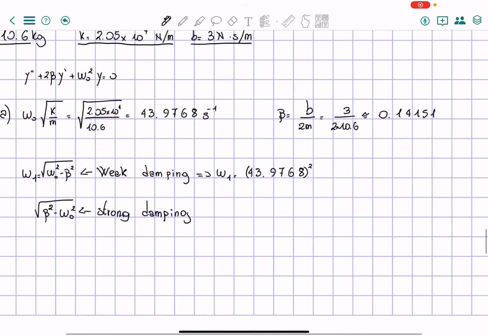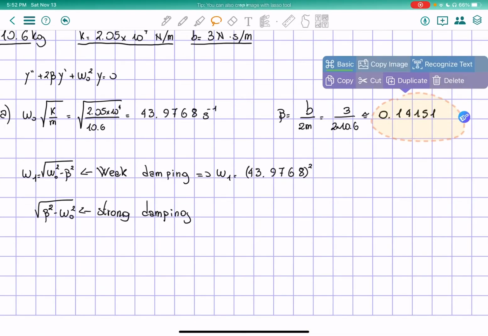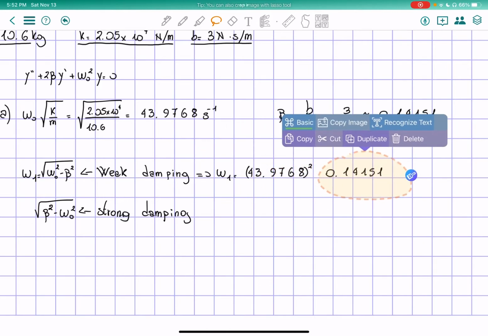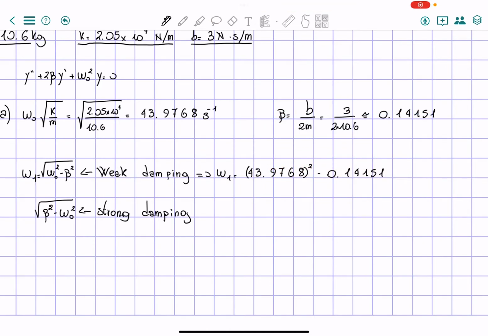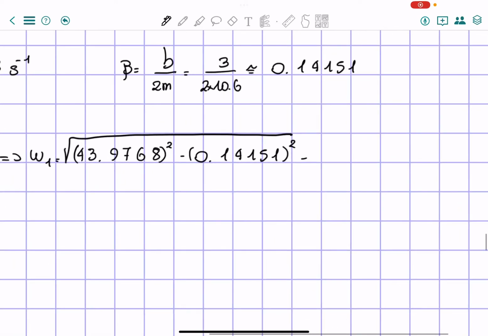So this squared, I take this, duplicate it over here, and then this minus, squared here, and then a square root. If we take these two numbers, we square root them, and we subtract them, and then we put it to the power of 1/2, we will obtain 43.9766.